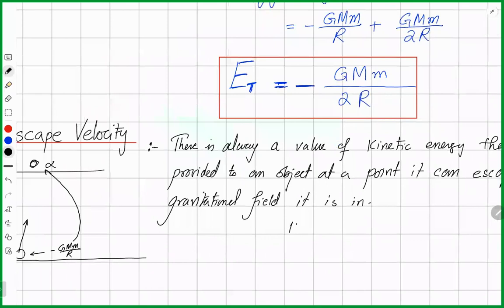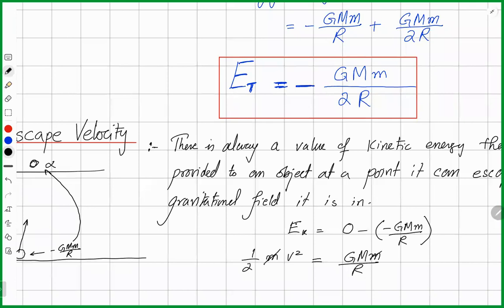So the kinetic energy that we need will be 0 minus minus GMm over r, so 1 over 2 m v squared equals GMm over r.